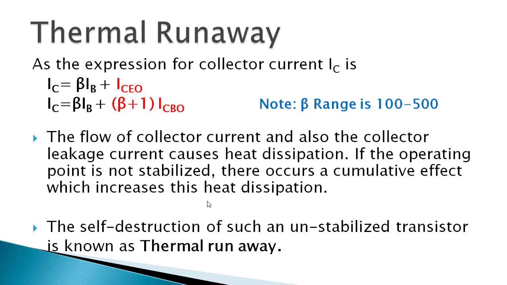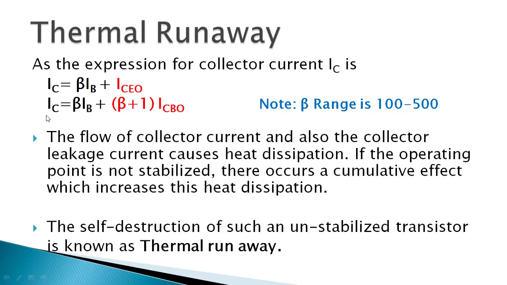And what is thermal runaway? We have already seen the equation: IC equals beta into IB plus beta plus 1 into ICBO. Note that beta ranges from 100 to 500. So if, due to the temperature, ICBO is increased, IC also increases. If IC is increased, then the junction temperature will increase.